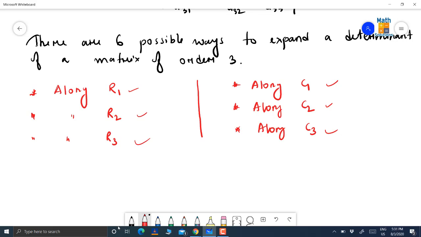So for example, I am considering expansion of this determinant along row 1. So expanding along the first row, what do we get?